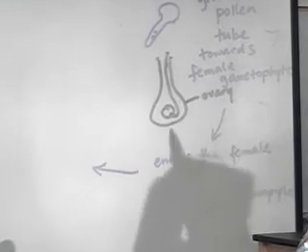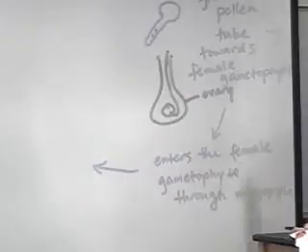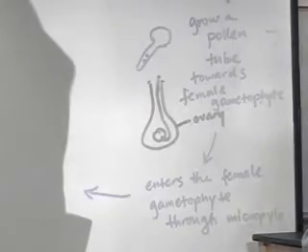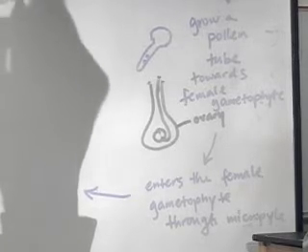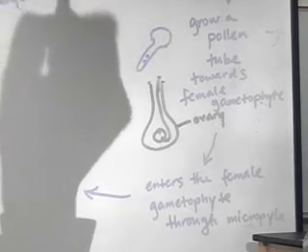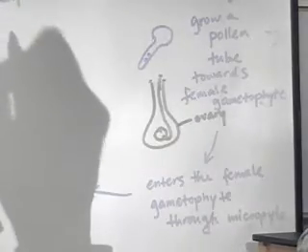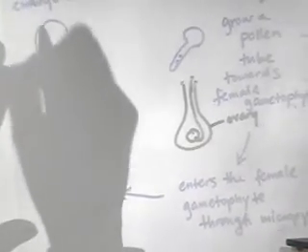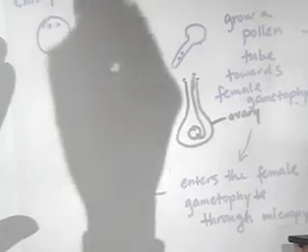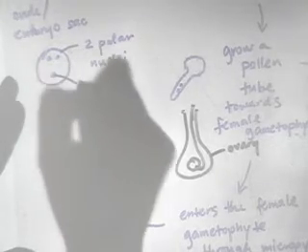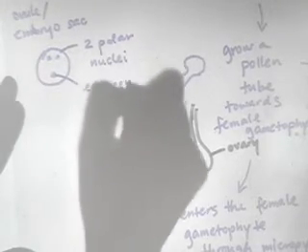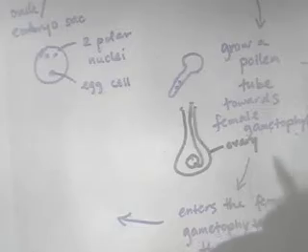Now, inside your ovary, let's look and see what happens in there. So this is your ovule, your embryo sac. There's actually a whole bunch of different nuclei. Within your embryo sac, you're going to have two polar nuclei, and you're going to have your egg cell, as well as an assorted other nuclei that we're not worried about right now.